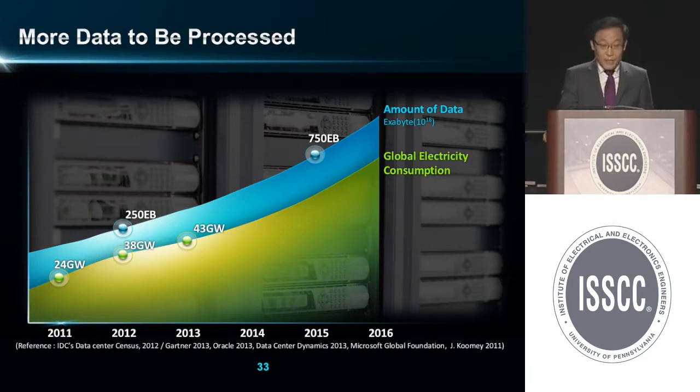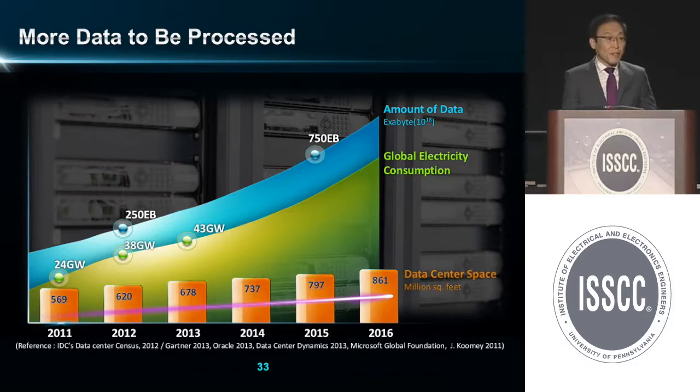On the other hand, data center space is increasing at a much slower rate. This large gap could be compensated by a faster CPU and higher density that consumes less energy. In other words, it is the role of silicon technology to fill this gap.